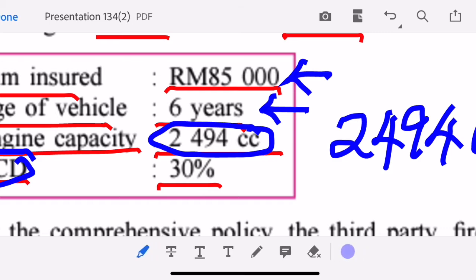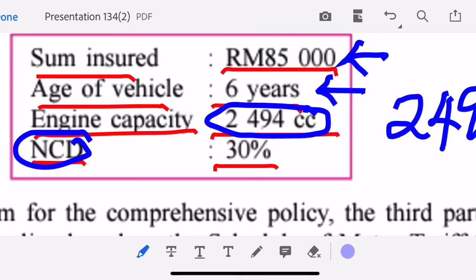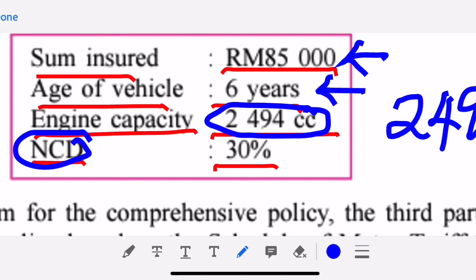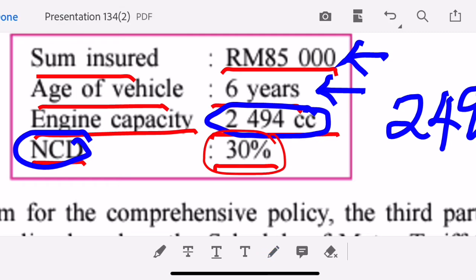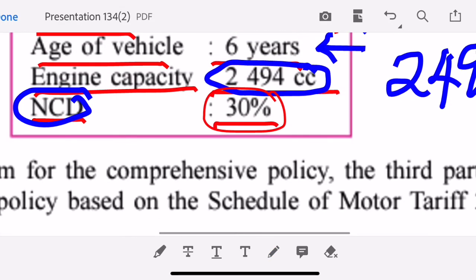So today we are going to do calculation, and it seems like Inche Zakri is a good driver because he is entitled to 30% of the no claim discount. Remember, no claim discount means that there is no claim for the policy.